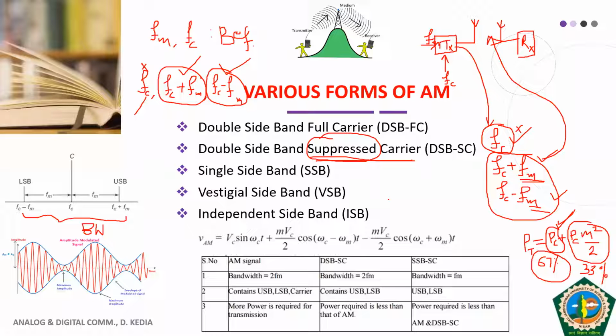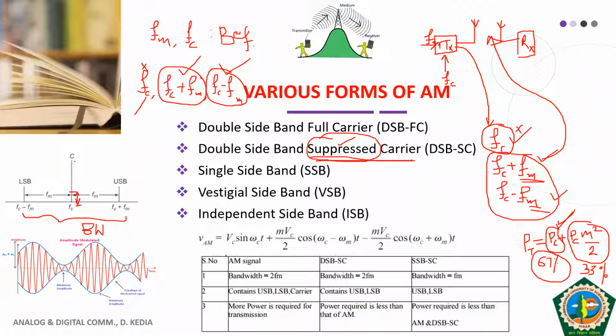The doubt that you people had was, without carrier, how will our signal travel? Though I answered that question, I'm not fully removing the carrier. I am using suppressed carrier. Suppressed carrier means I will not totally remove the carrier. I will send a small amplitude carrier. I will reduce the amplitude of the carrier component.